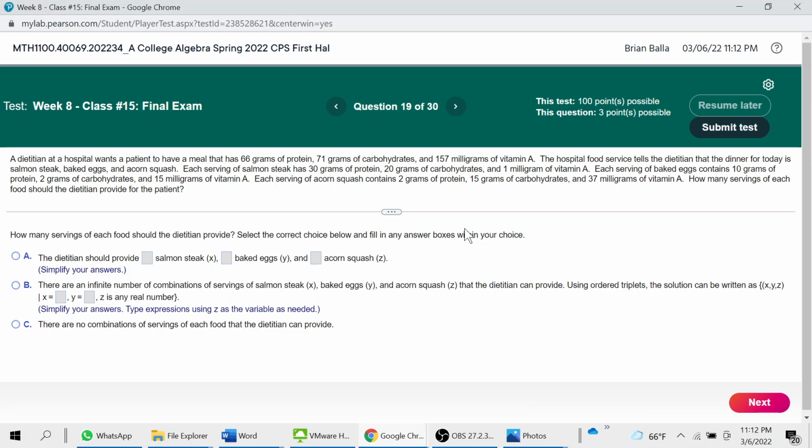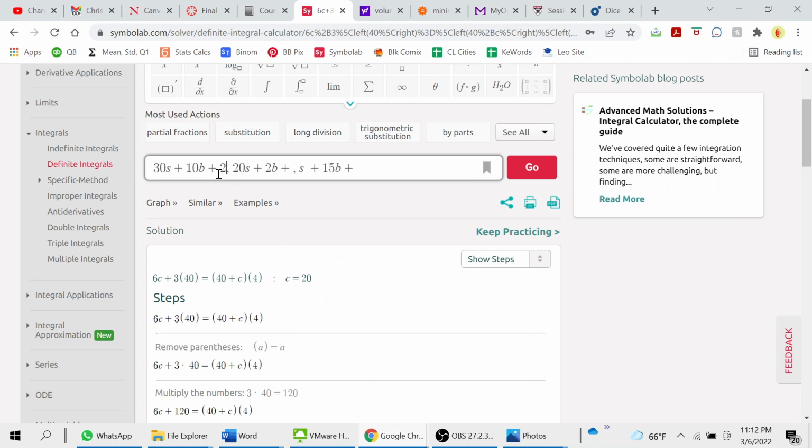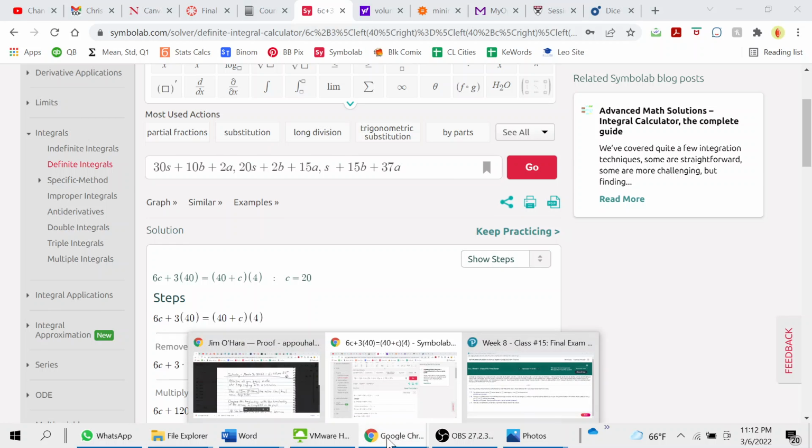And the last one, acorn squash. Okay, A. 2A, 15A, 37A. Let me just double check this.